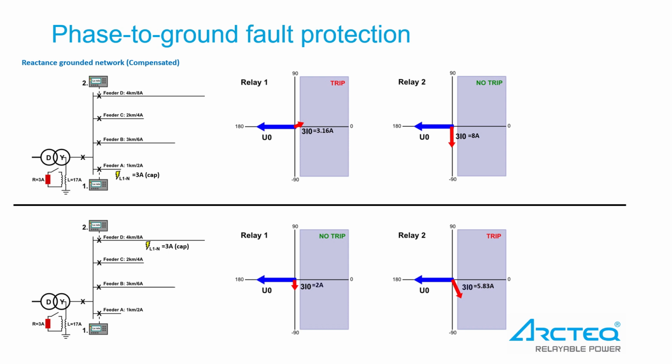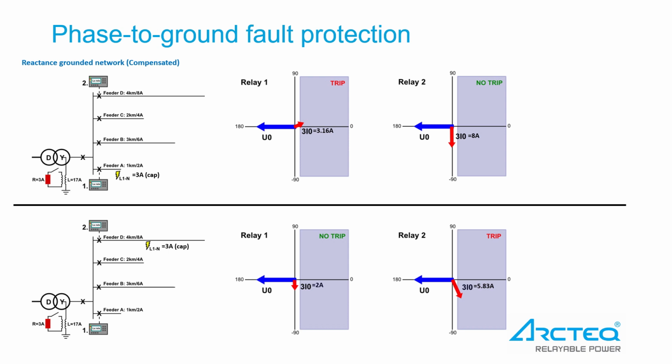But when the resistance is switched on, the 3 amp resistive current flows in the system towards the fault location. When this 3 amp resistive current is added to the 1 amp capacitive current that relay 1 measures, the total current that relay 1 sees is 3.16 amps. Relay number 2 measures 8 amperes flowing in reverse direction and will not trip.